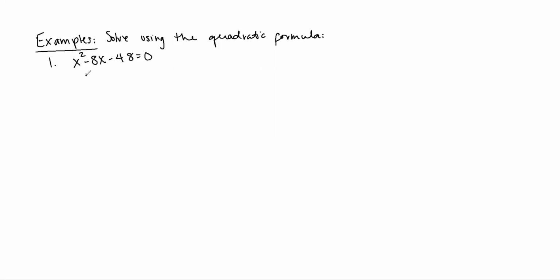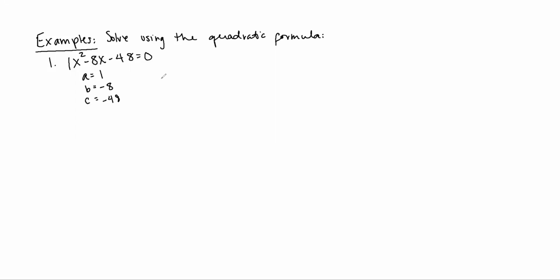So first thing I'm going to do is list out what a, b, and c are, and if you want to do this, you can, especially in the beginning. You don't have to, though. So a is the number in front of our x squared. You don't see one, so it's a 1. b is negative 8. Make sure you bring the sign. And c is negative 48.